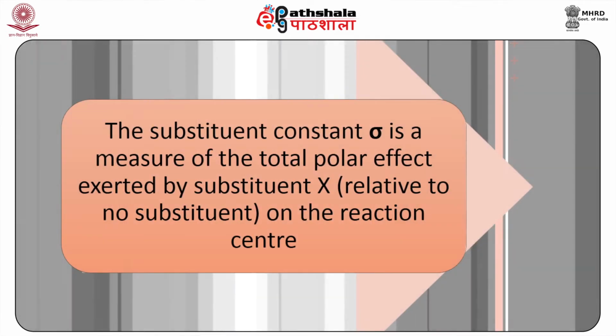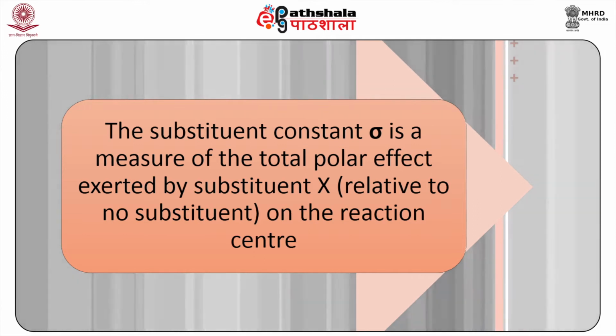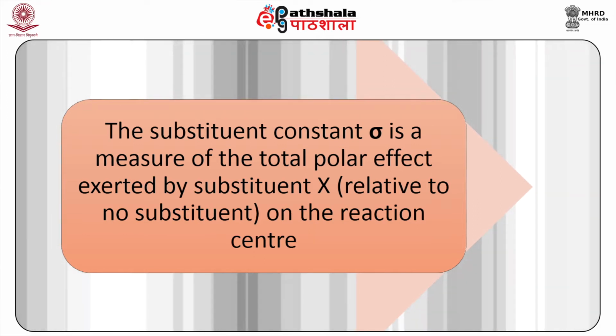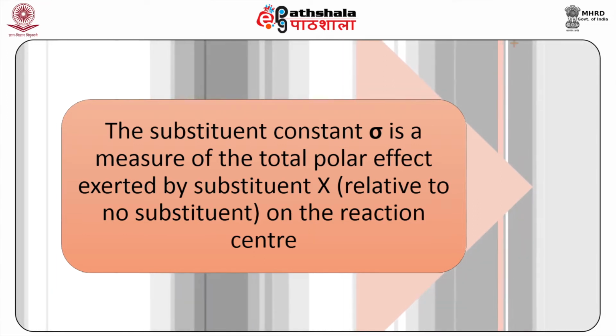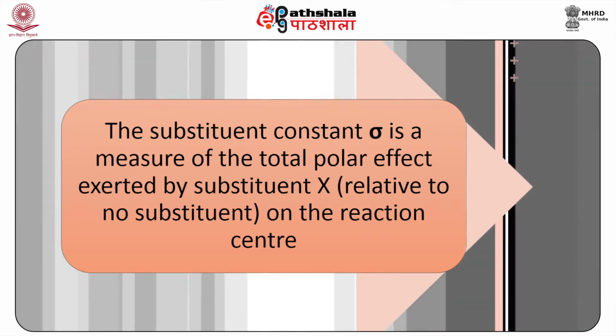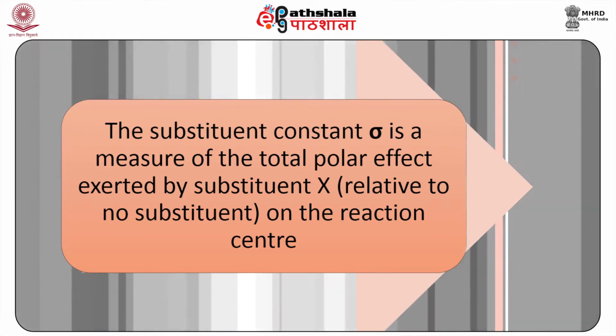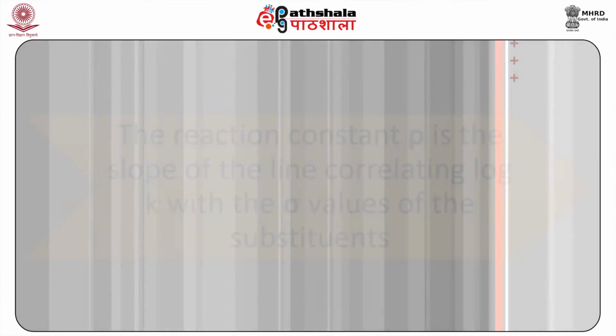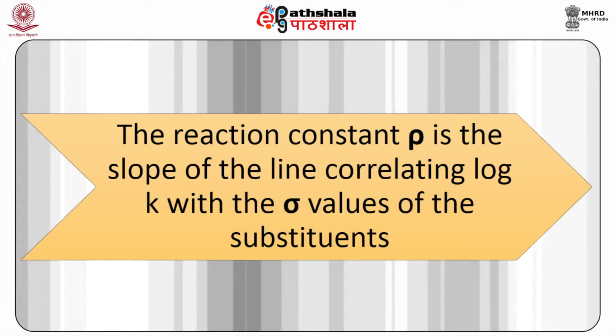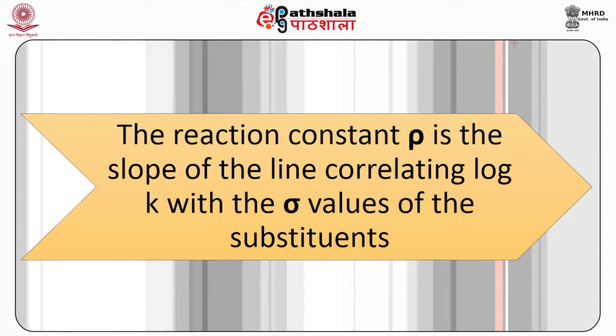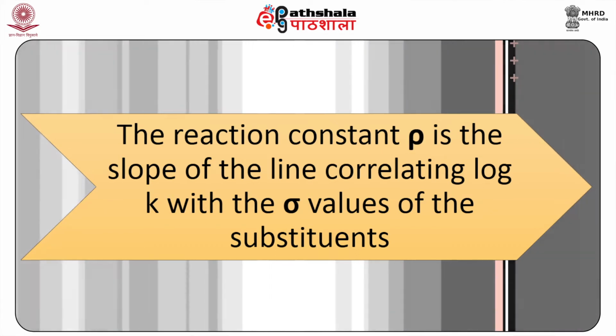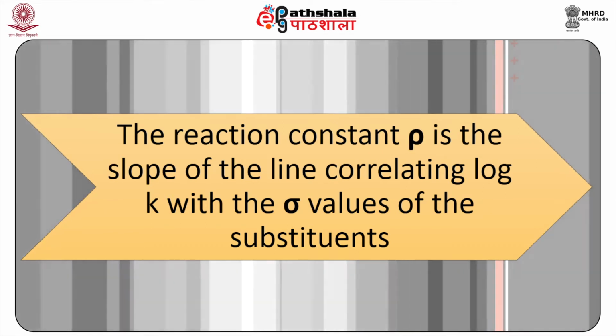The substituent constant, that is sigma, is a measure of the total polar effect exerted by a substituent X on the reaction center. That is, this is relative to no substituent. Now the reaction constant rho is the slope of the line correlating log K with the sigma values of the various substituents.